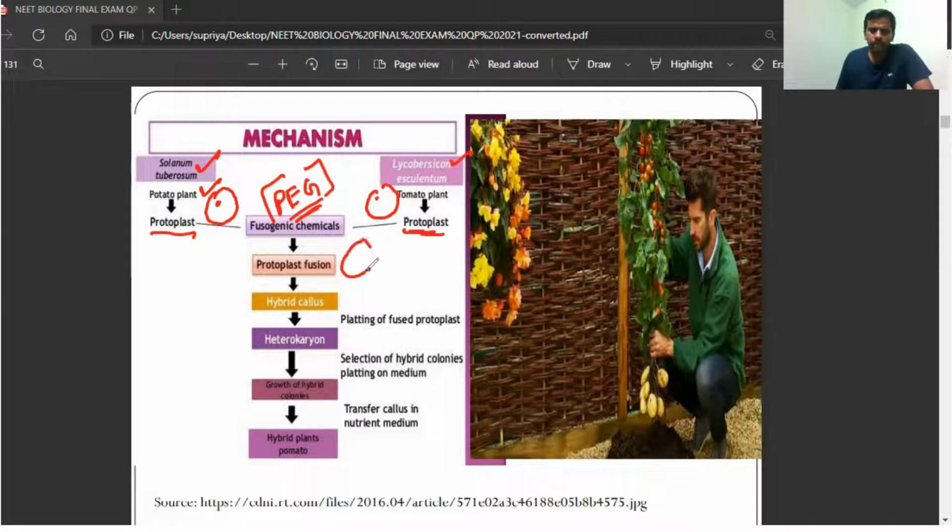The protoplast from the potato plant and the protoplast from the tomato plant. Once they fused, now see student, there is a formation of hybrid callus and heterokaryon with two nuclei. The cell with two different nuclei, one nucleus from the potato and one nucleus from the tomato.